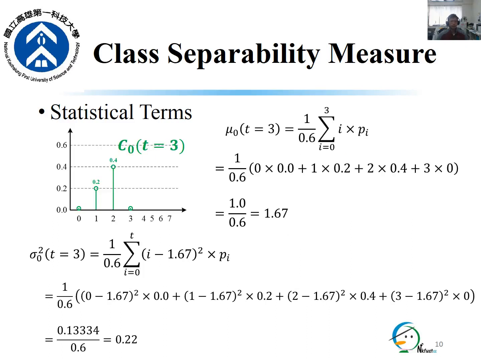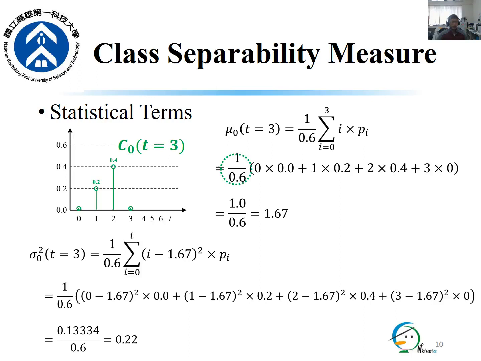Here shows an example to compute the class mean and the variance of class C0(t=3). For class mean, we first compute the normalized summation and then divide by class occurrence probability. It equals 1.67.